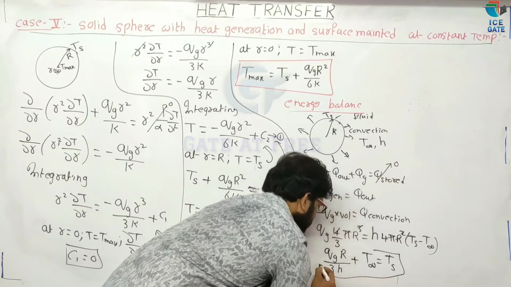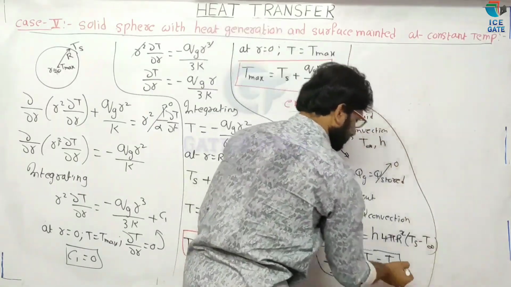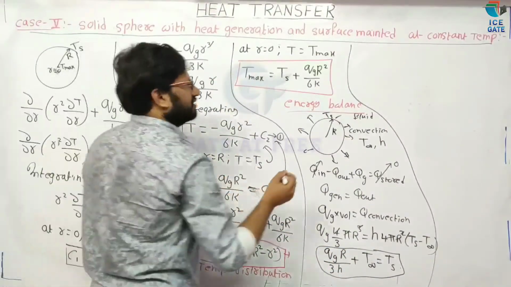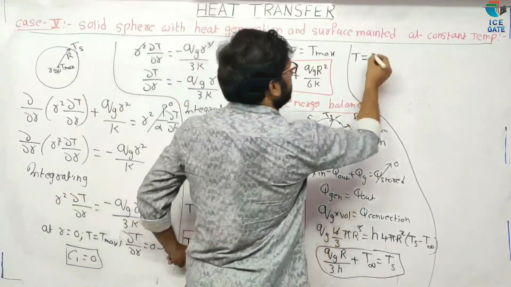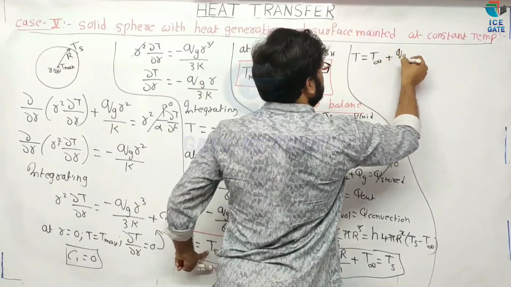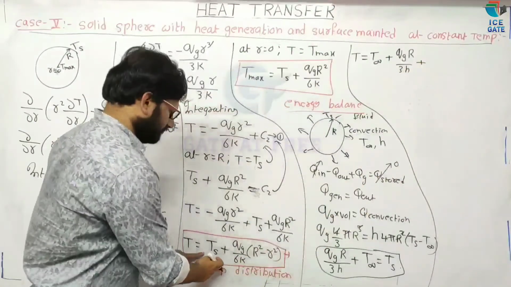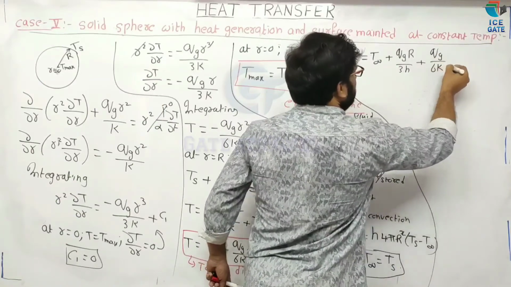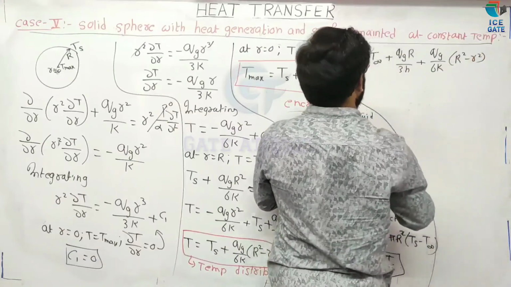Ts is the surface temperature. Now, if you substitute Ts in the temperature distribution function, in place of Ts, we get T equal to T infinity plus qg r/3h plus qg/6k into (capital R² minus small r²).